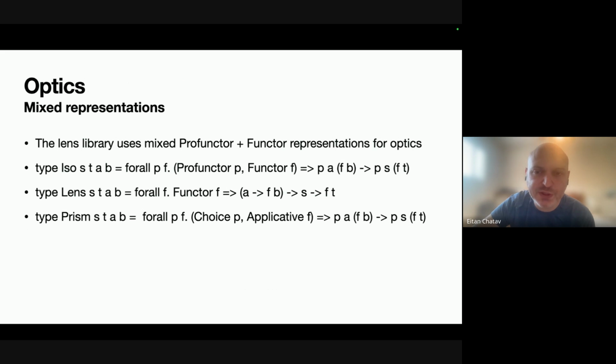For lenses, we actually have what's called the van Laarhoven representation, which means that the p can just be arrow, can just be morphisms, functions. And it's from a to f b, and that gives us a function from s to f t. So the arrow here is our p. And for prisms, it's a little complicated looking, but this is what makes it so that every prism is a traversal: we have the constraint that p must be choice and that f must be applicative.